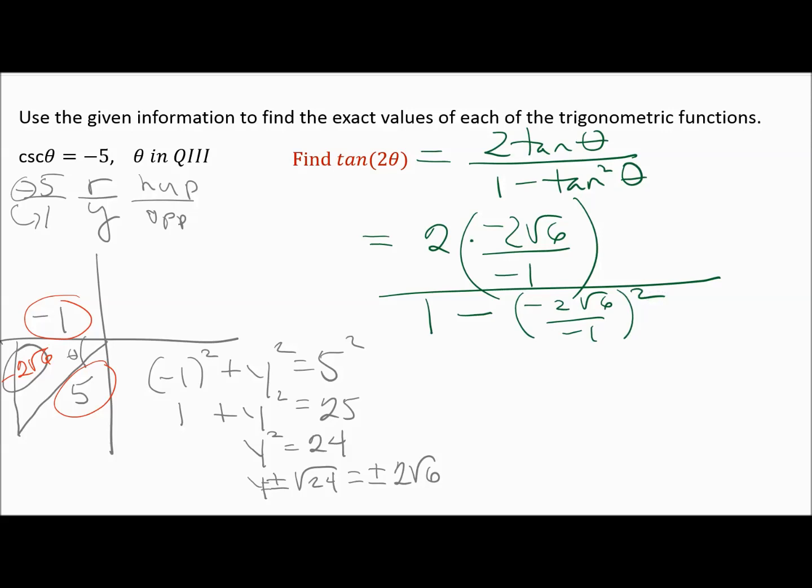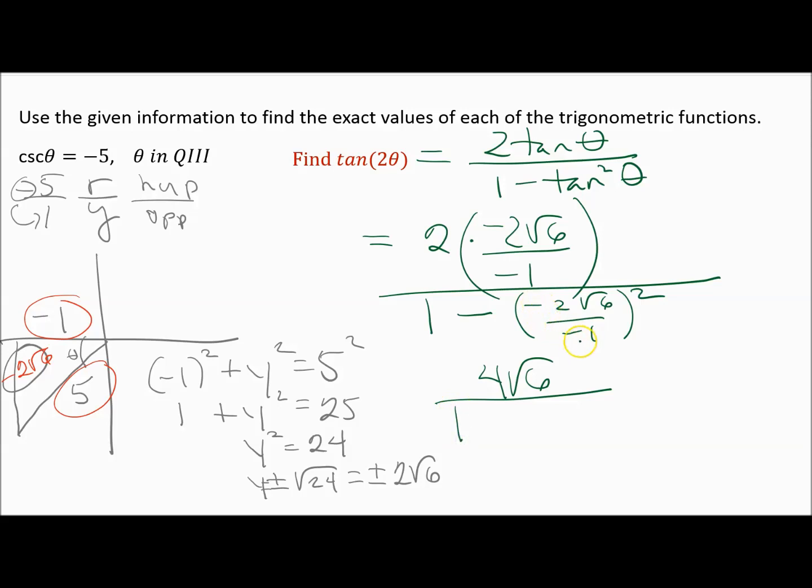So now we want to simplify this expression. The two negatives are definitely going to cancel. And I'm going to have 2 times the square root of 6, which is going to give me 4 square root of 6. In the denominator, I'm going to square the negative 2 and the square root of 6. And then, remember, the two negatives cancel there as well. And that's over 1, so that's just going to be 1.